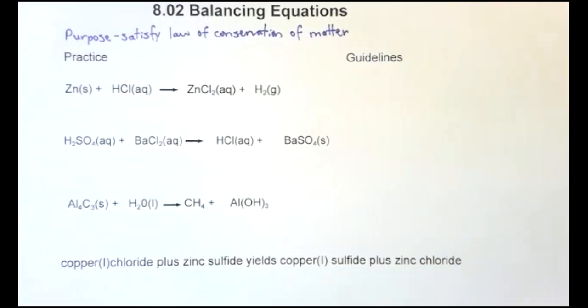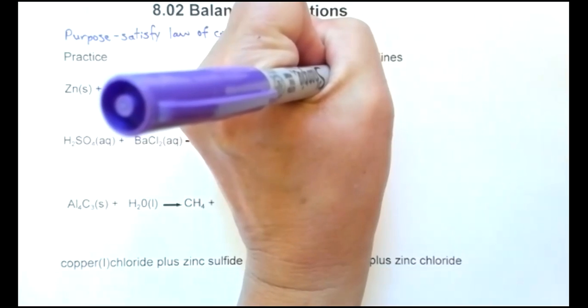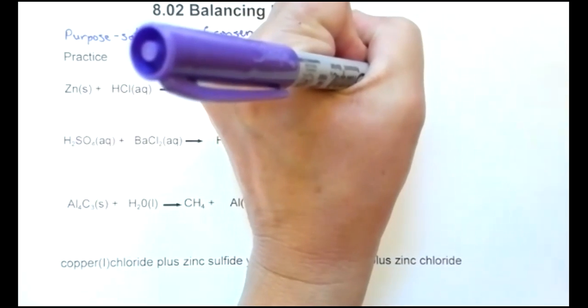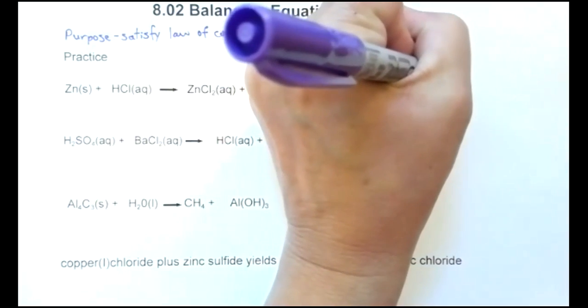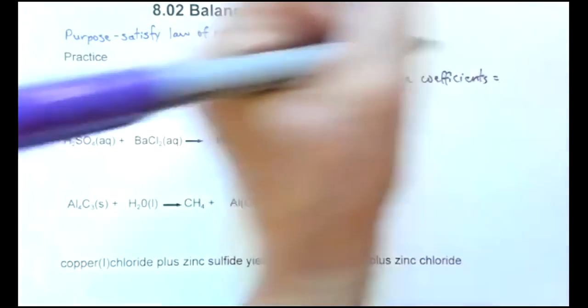Matter cannot be created or destroyed. So we have guidelines, and the first and most important guideline, rule number 1, is that we change coefficients. Never formulas.